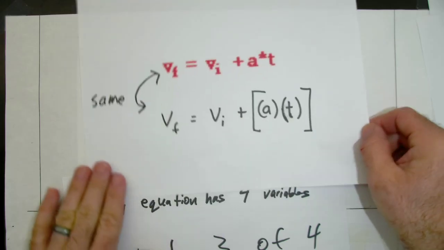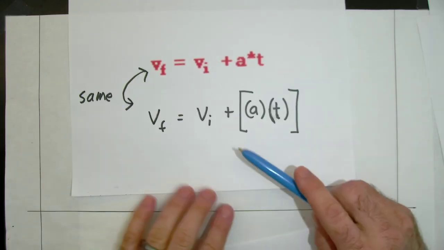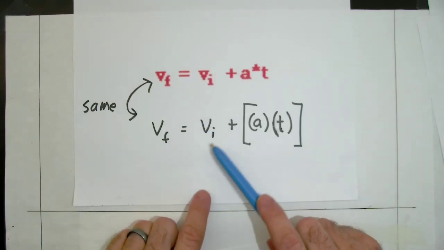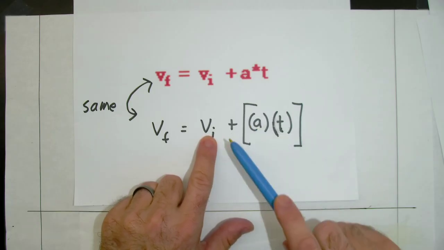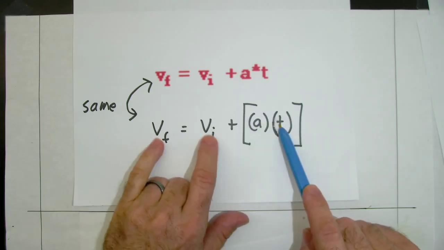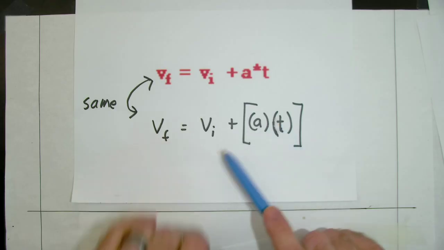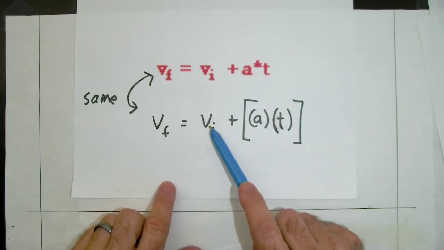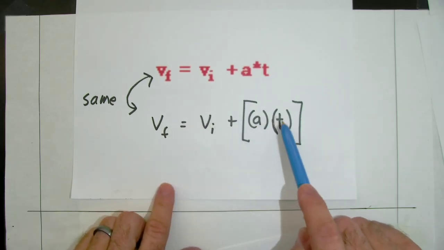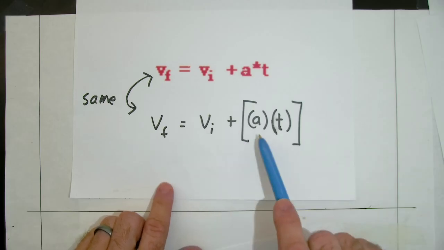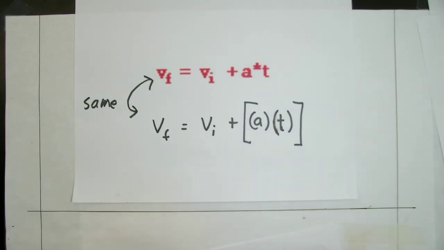So what that would look like is if you had these 3, velocity initial, acceleration, time, well then you could solve for velocity final. Or perhaps you had velocity final, velocity initial, and acceleration, well now you could solve for time. You've got to have 3 of the 4 to solve it in one step. You can of course use systems of equations if you don't have 3 of the 4, but that's not something we're starting off doing.